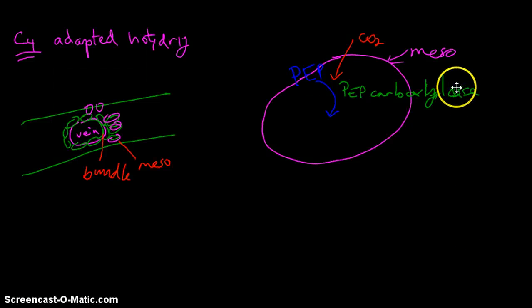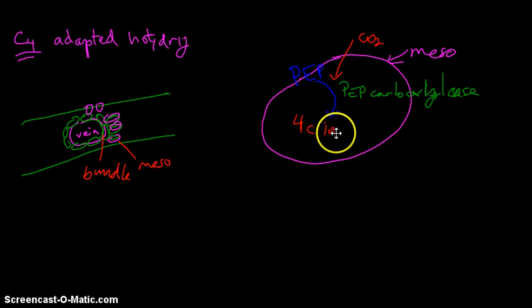Now, what's great is that PEP carboxylase can fix carbon dioxide even when CO2 concentrations are very low. So even when the stomata are closed, PEP carboxylase can take this CO2 that is available and combine it with PEP to create this 4-carbon intermediate, hence the C4 categorization.